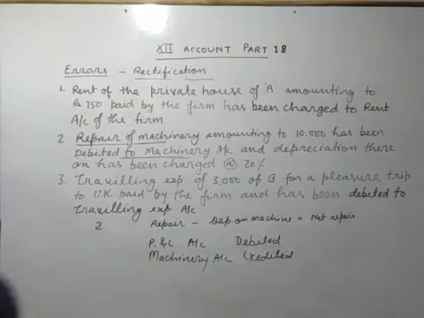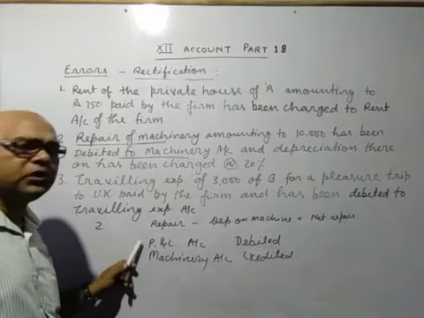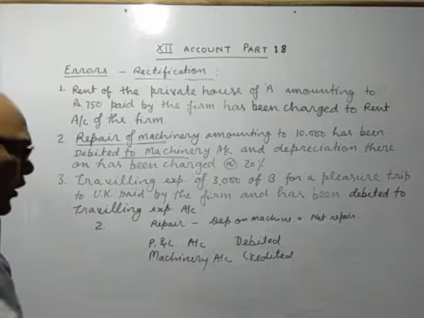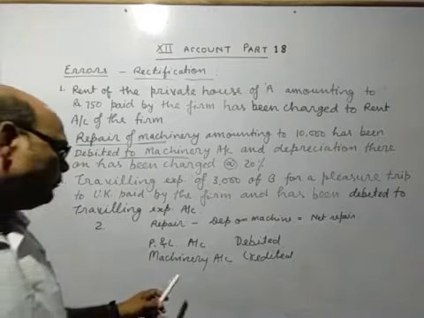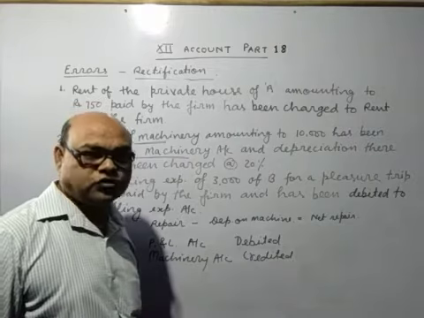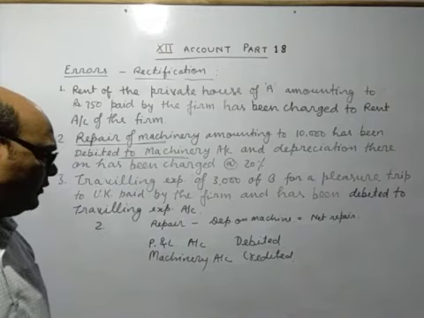In that case, on the firm's P&L account debit side you will write machinery account, and when you draw the balance sheet, this amount will be reduced from the machinery, because the machinery account is credited.